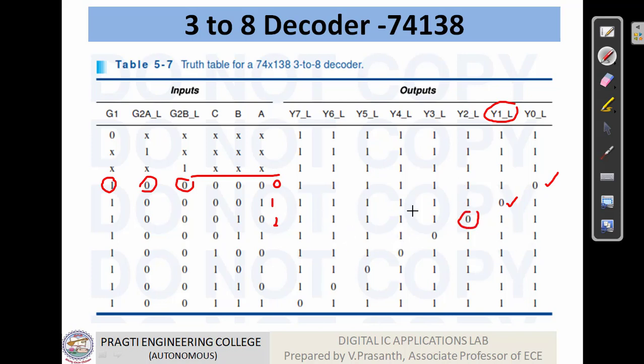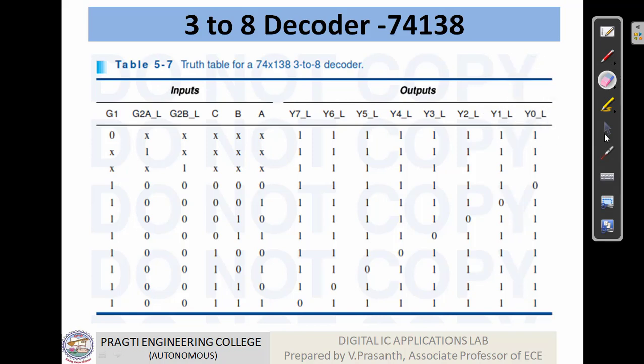That means we have to write the code in such a way that G1 should be 1, G2A should be 0, G2B should be 0, then we AND them and give the result to the decoder, and then we can apply the input signals A, B, C. Based on the input selection, one of the 8 outputs will be selected.